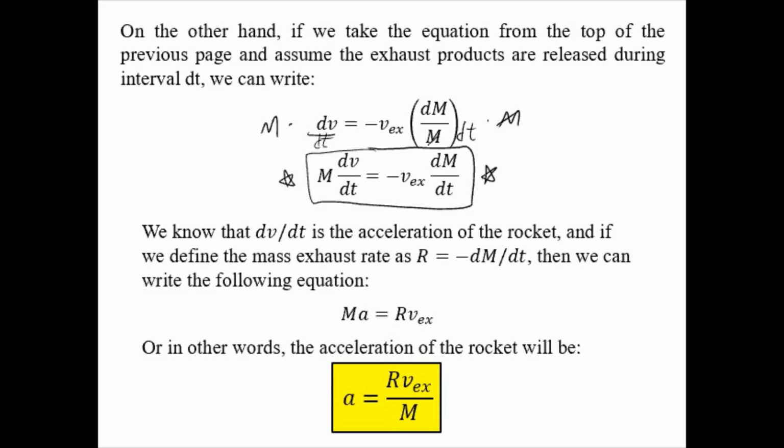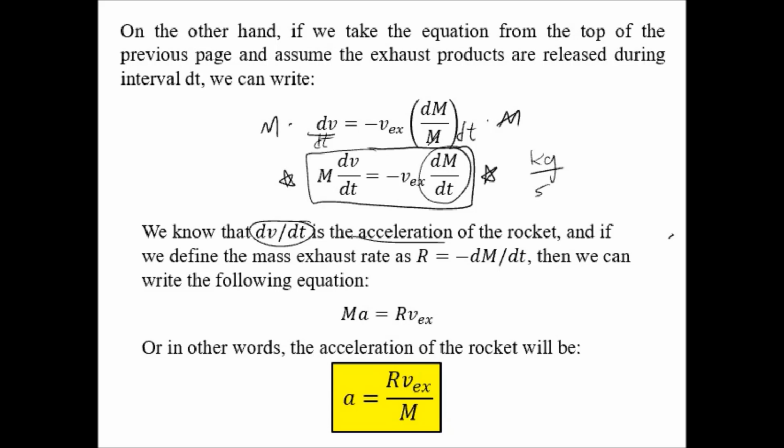We can make it a little simpler by recognizing that dv/dt, the time rate of change of the velocity, is the acceleration of the rocket. And dm/dt is the rate at which the fuel is being exhausted, in units of kilograms per second. Our standard unit for mass is kilograms, and for time is seconds.